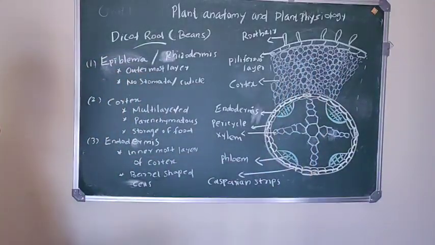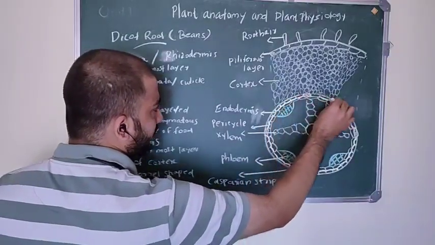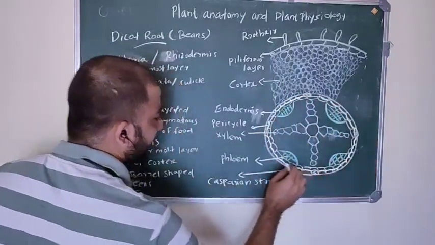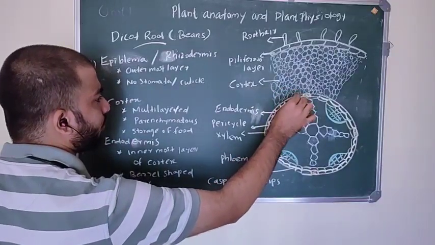Coming to the inner side, you can see the endodermis, these white colored cells. The endodermis is the innermost layer of the cortex.